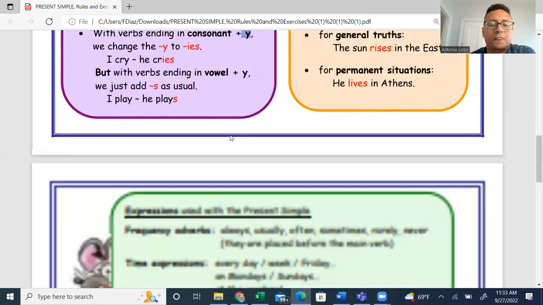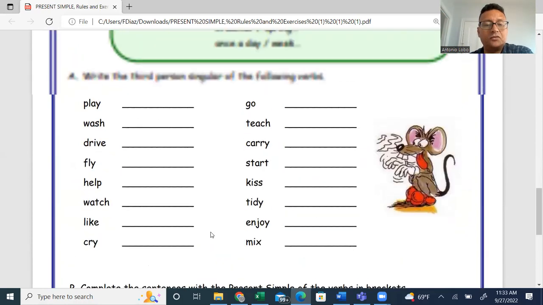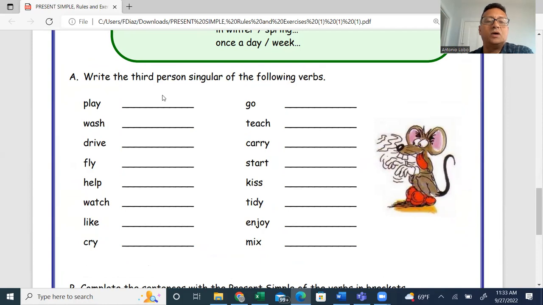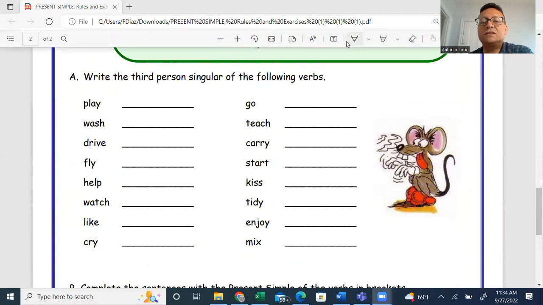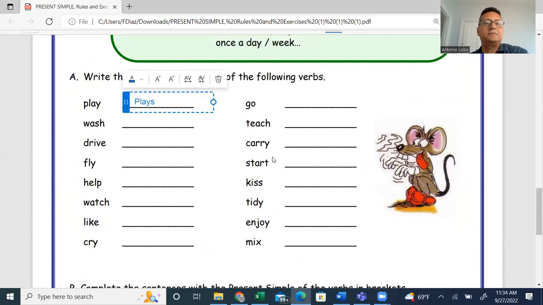Okay? And then you're going to have this exercise to put in the third person. All right? For example, play. What's the third person of play? Plays. All right? Wash.